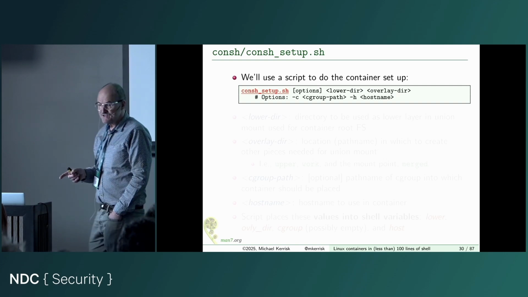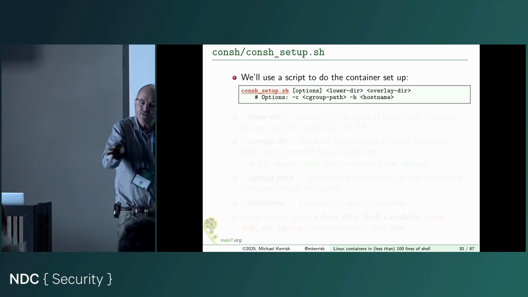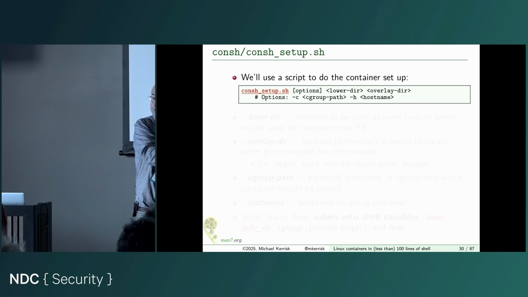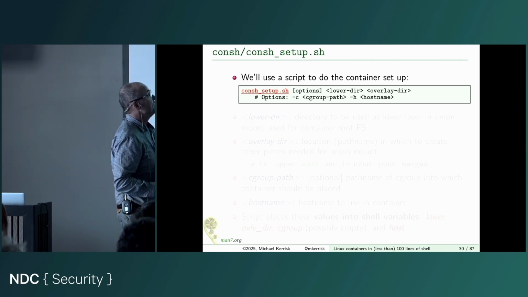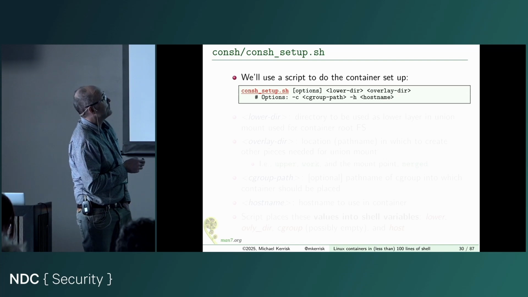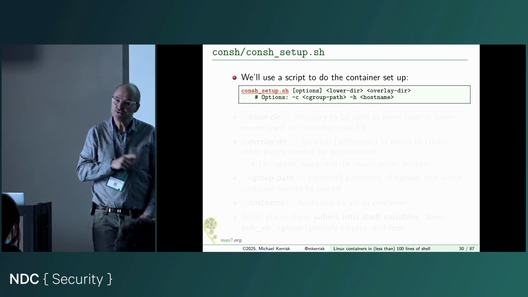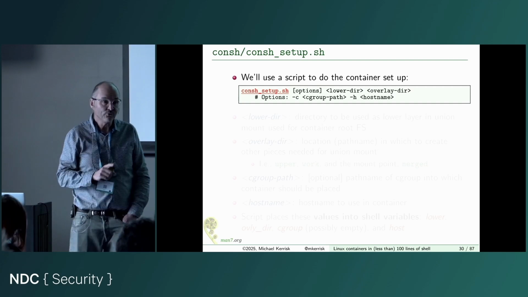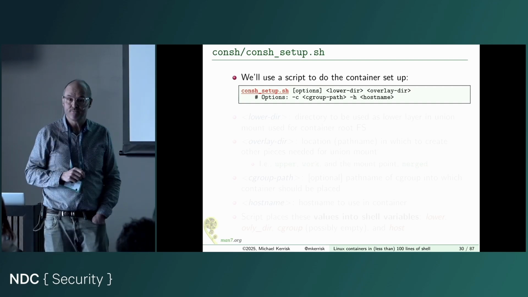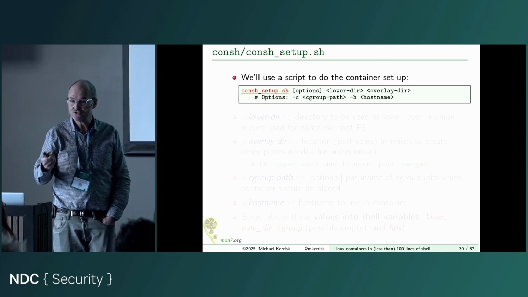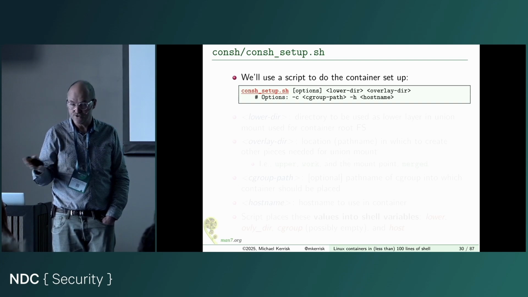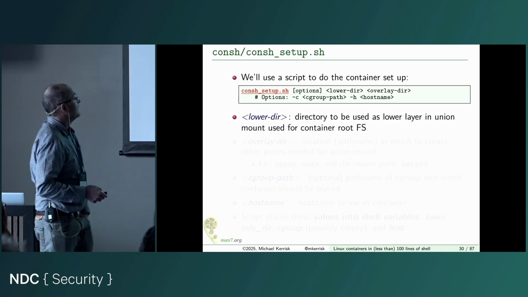Another argument is the location where the overlay file system is going to be mounted, my merged directory. And a couple of other possible options: a path name that my container is going to use for its Cgroup, and also the host name that my container should set up in its UTS namespace.